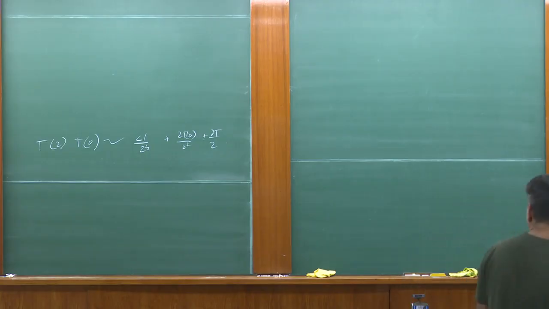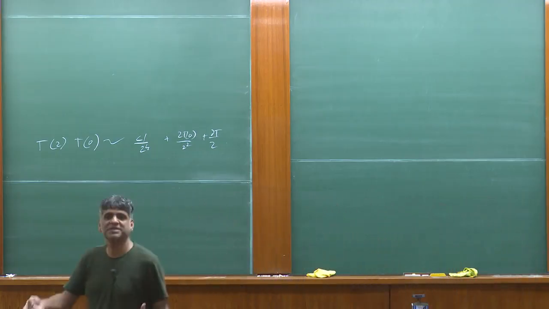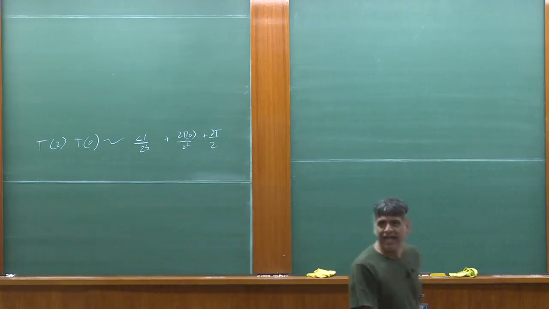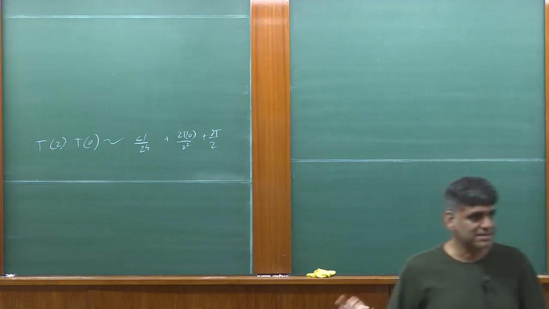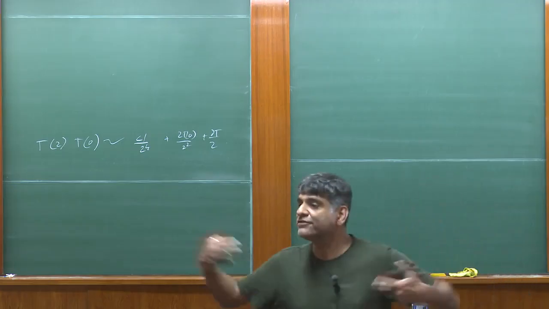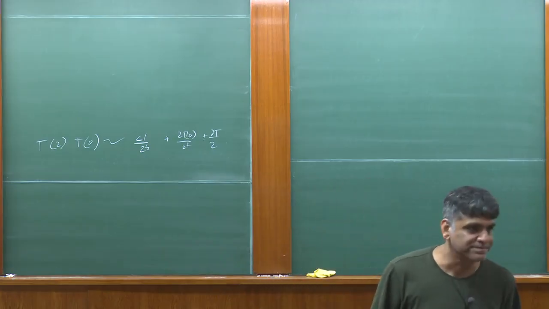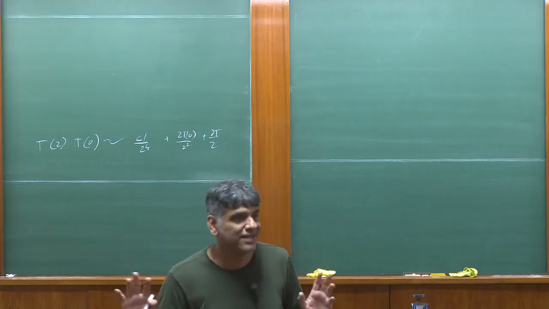Now you might ask the following question. 2 is a nice small integer, but there's another small integer that's smaller than 2, namely 1. Can there be theories of interest which have spin 1 holomorphic currents? We will see even by the end of this class that there are several.